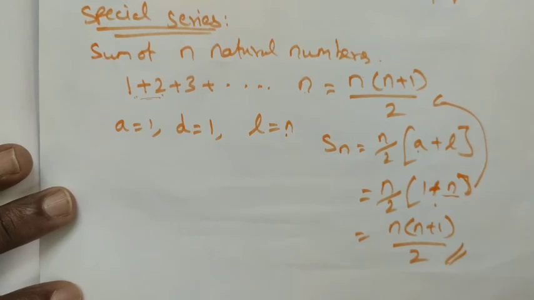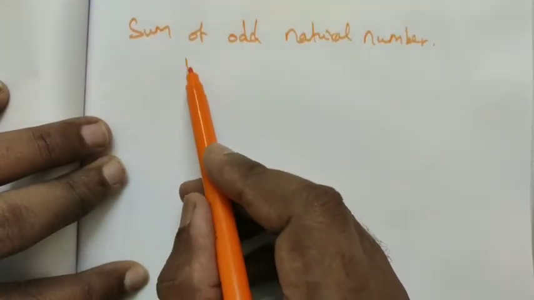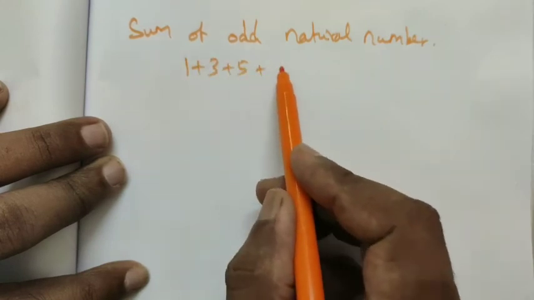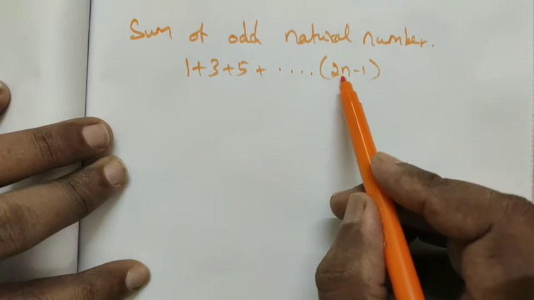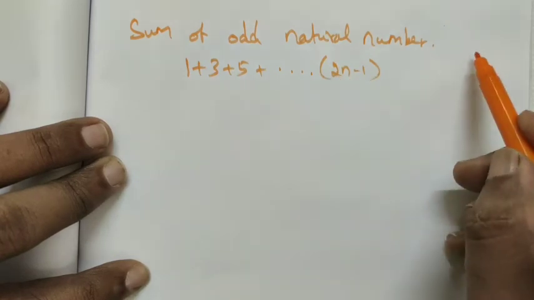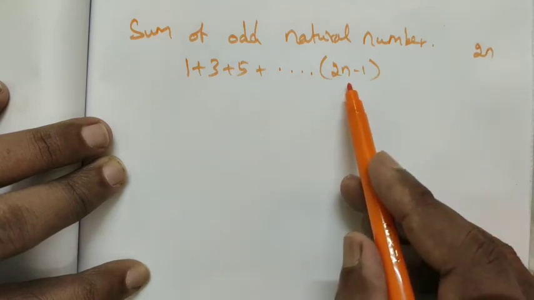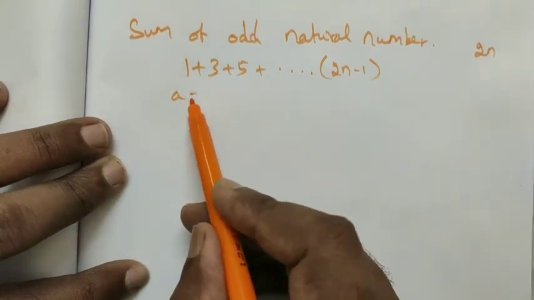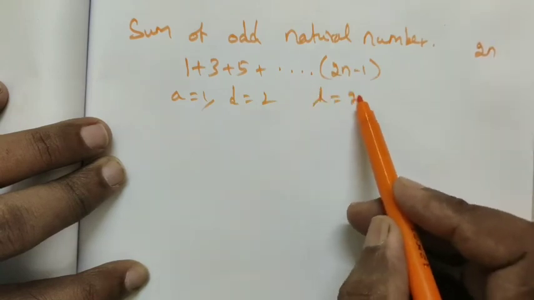Next, the sum of odd natural numbers. The sum of odd natural numbers means 1 plus 3 plus 5 up to 2n minus 1, the odd number, that is 2n minus 1. Suppose it is even, we use 2n; suppose it is odd, we use 2n minus 1. So here a is equal to 1, the difference is 2, and L is equal to 2n minus 1.